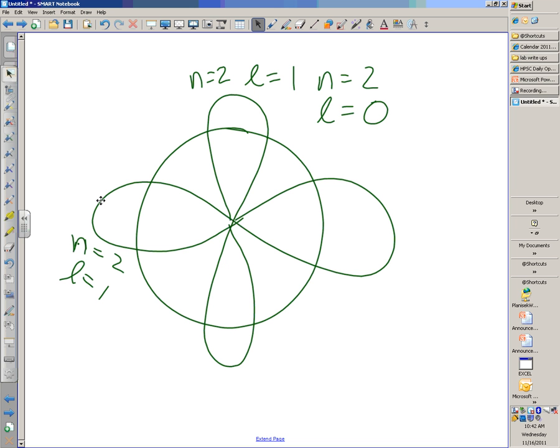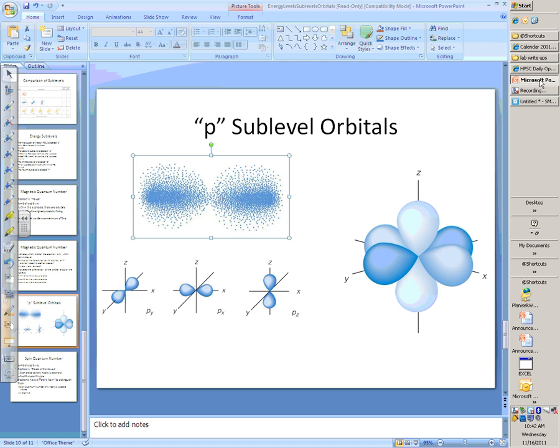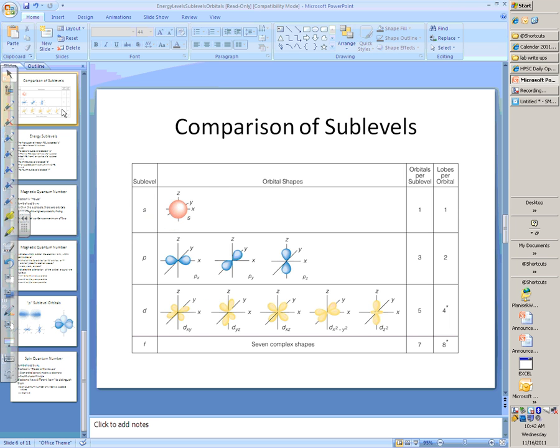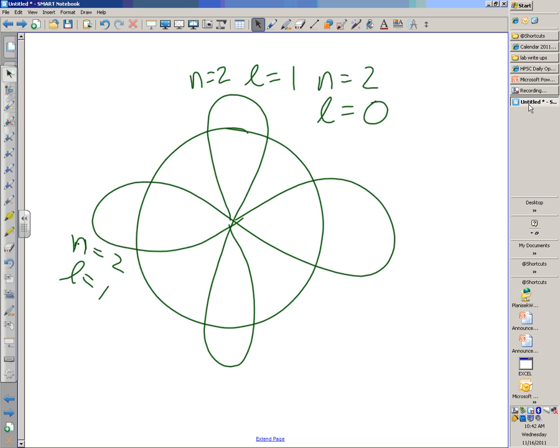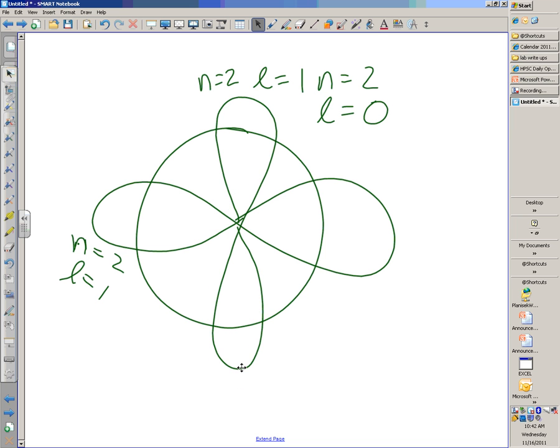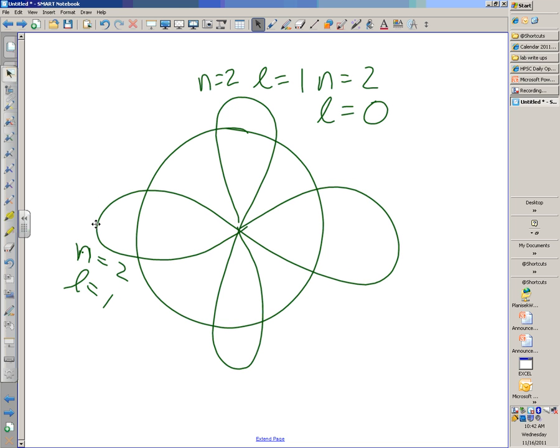For the p orbitals, if we go back to this picture, how many p orbitals are there? There are 3 p orbitals. This one runs along which axis? The y-axis. This one runs along the x-axis. The third one runs along the z-axis, which I can't draw for you because it comes out of the board towards you and into the board away from you.